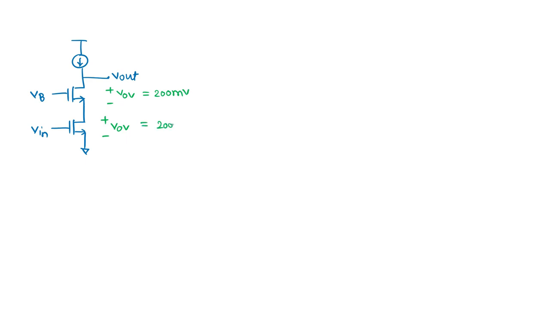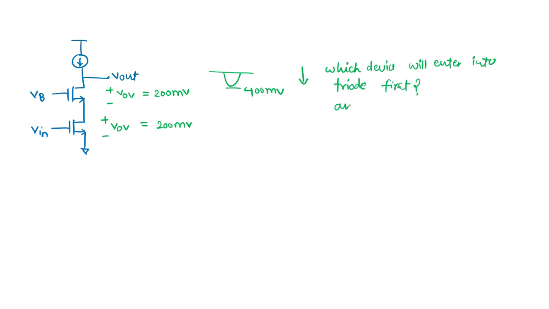So the output cannot go lower than this 400 millivolt. Now, if you intentionally want the output lower than 400 millivolt, which device will enter into triode first, and why? We have to see this.